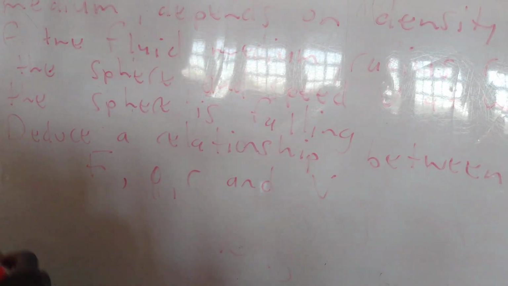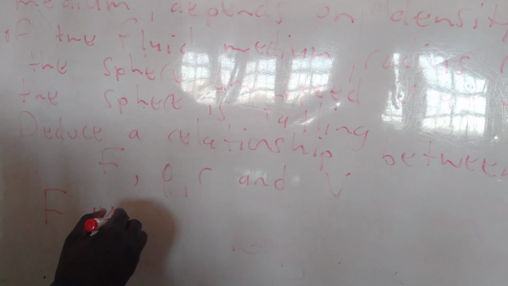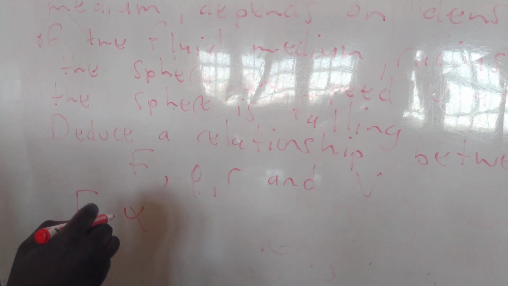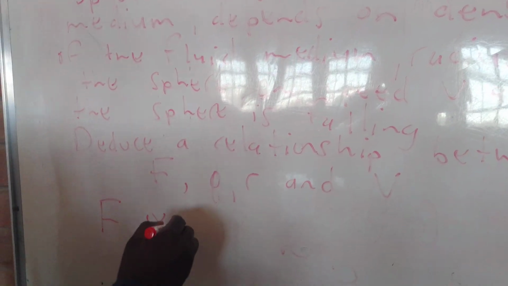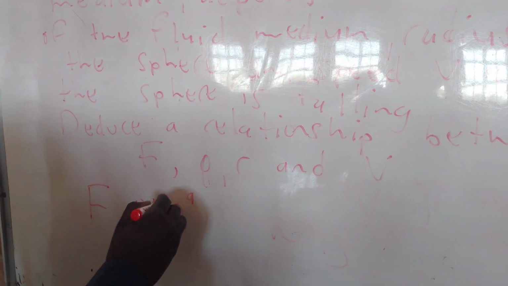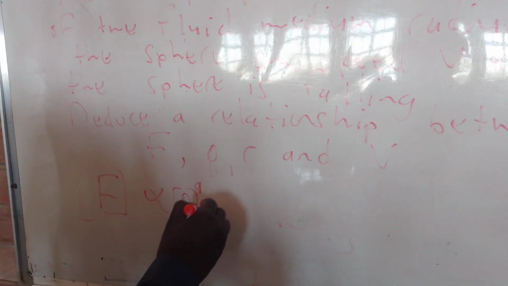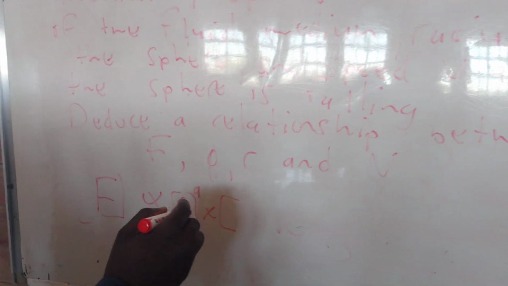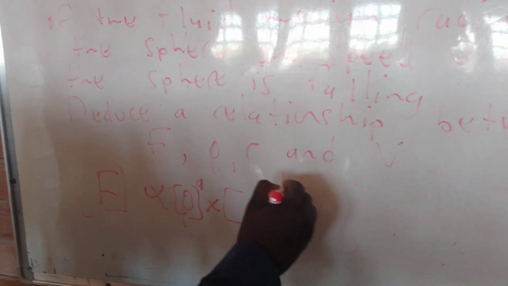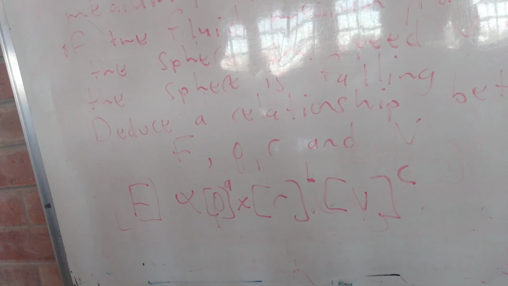It's very, very simple. So I'm saying F is directly proportional to rho to the power A, also depends on R to the power B and V to the power C. Right.